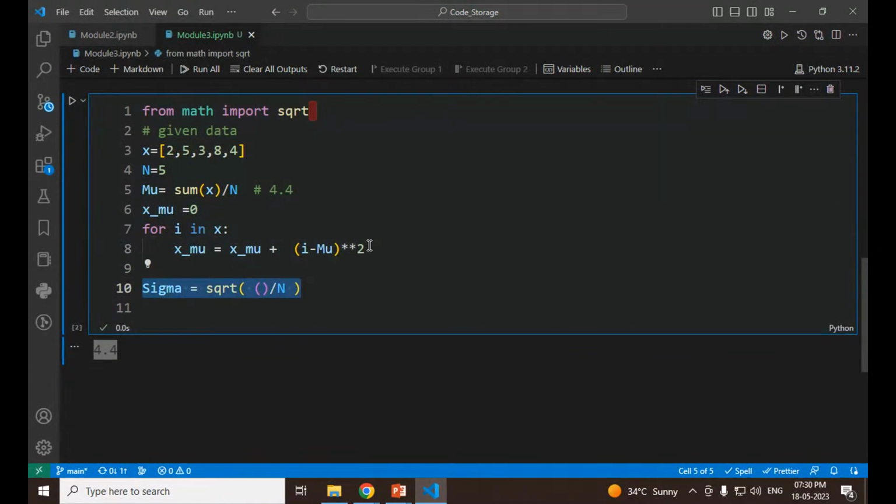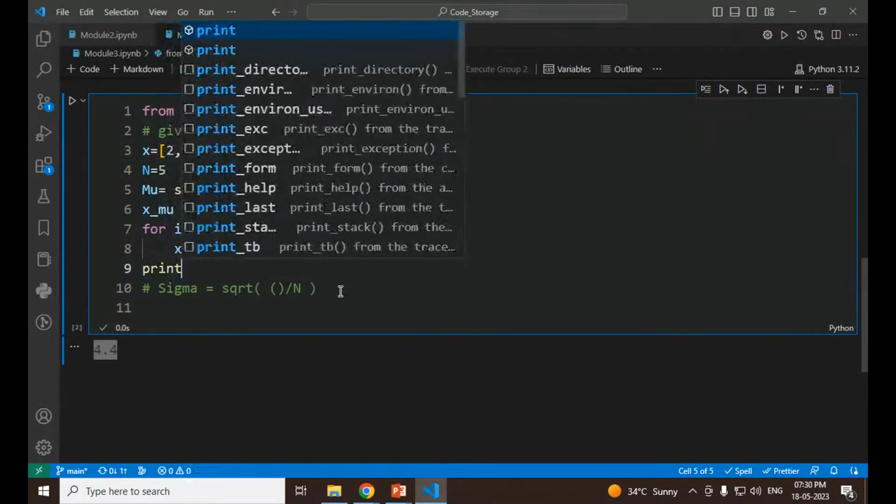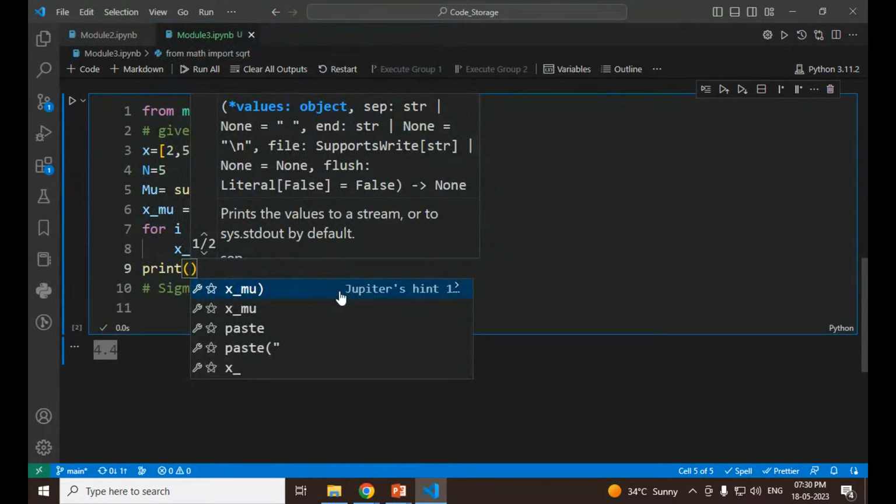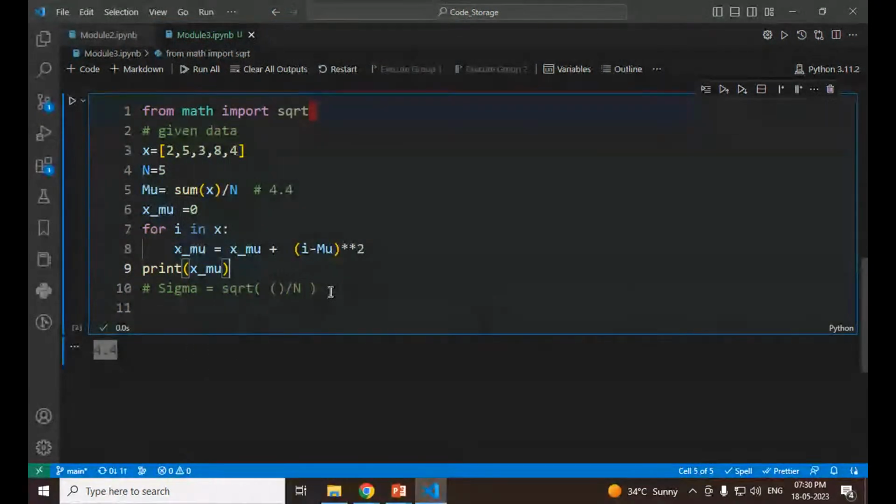Before that, what I want to confirm is what this value is printing. I want to print x mu. Let's print this. It's printing 21.2. All right.